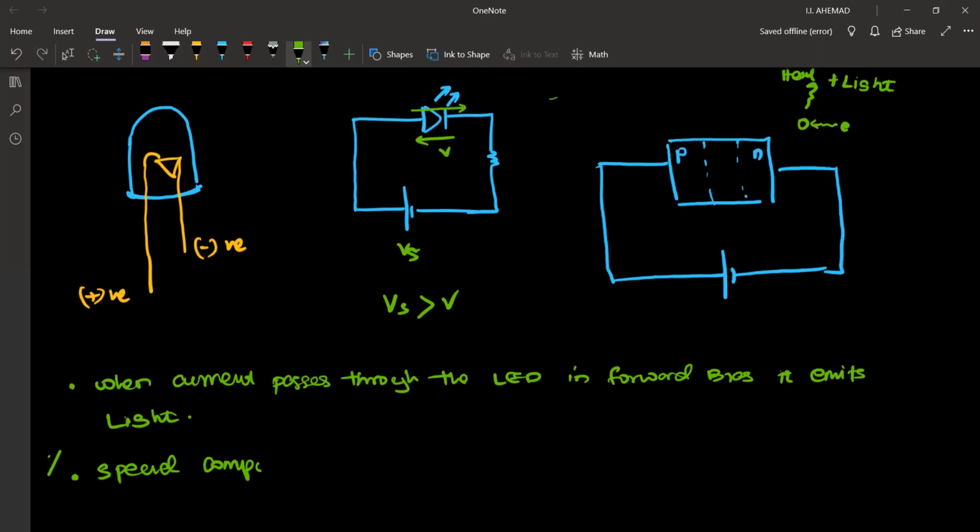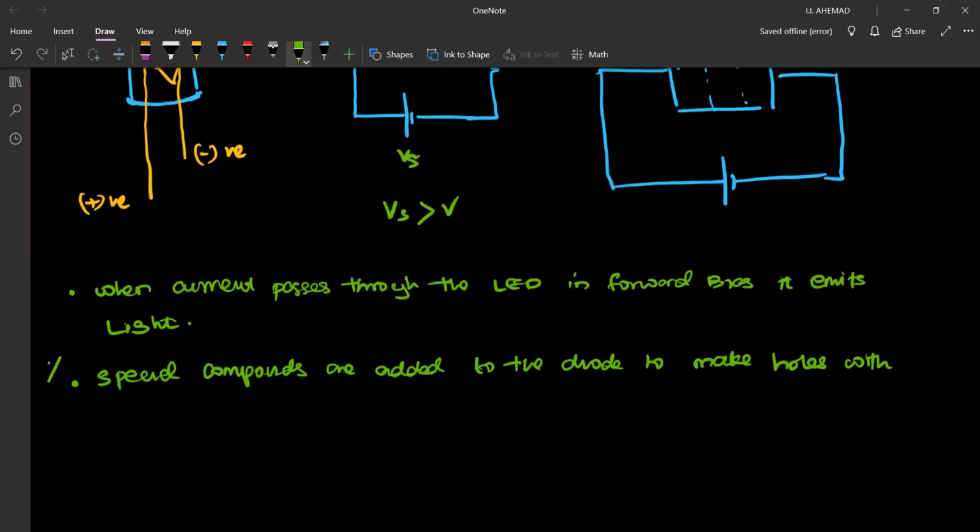Special compounds are added to the diode to make holes with higher energy state at the junction.